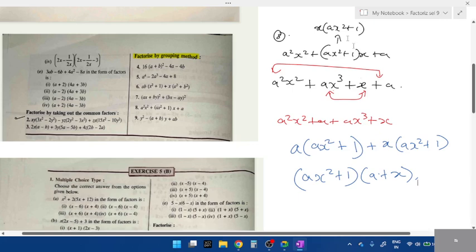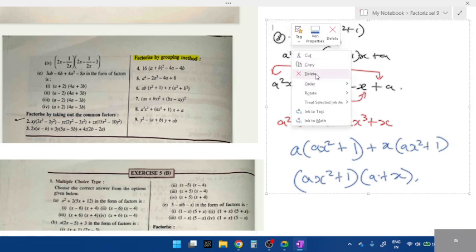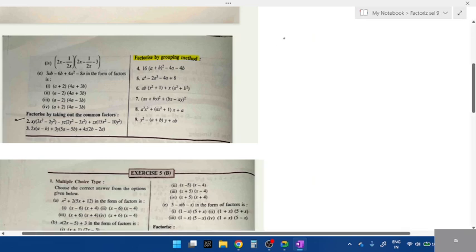Yes, Alia, done? Can you explain how you write this? First put y in the beginning. Write it like this. Okay? Yeah, explain this.